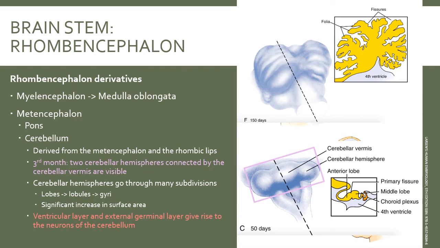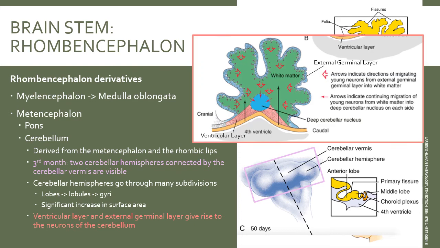Now, within the cerebellum, the ventricular layer, which is shown in pinky red here, and then the external germinal layer, which is blue on the exterior, give rise to the neurons of the cerebellum. So the neurons of the cerebellum form in these 2 structures and then migrate inwards, laying down the first wave at the very edge, right where they developed, and then each successive layer going deeper.